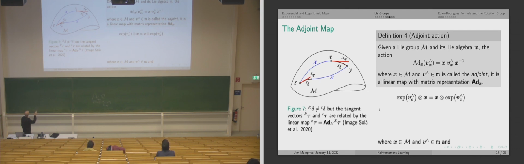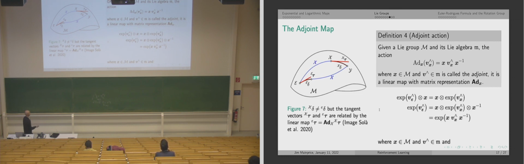If you start by the delta and then you add X, this will have a different path. But these paths are specified by the exponential map of some tangent space vectors, and they are connected to each other by a linear map. And that has to do with the properties of the exponential map. And that linear map is called the adjoint map.